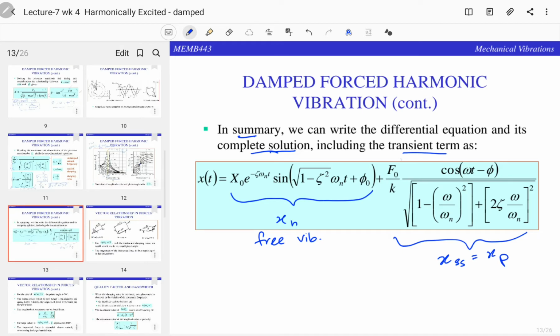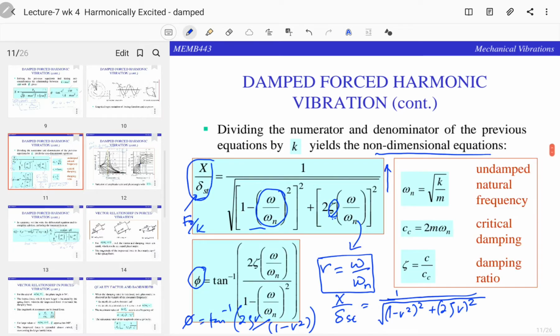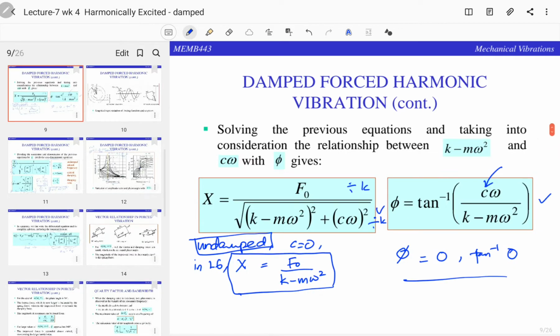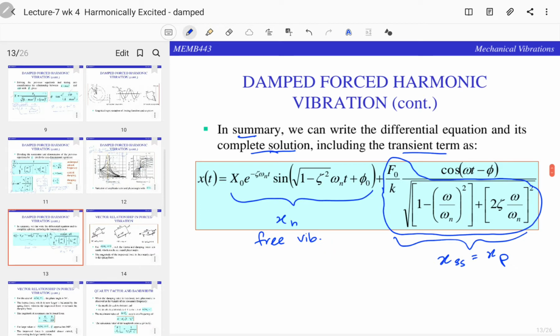How do we get this? This is your capital X, based on the equation that I showed previously, from this equation or this equation. So this part is your capital X. We just substitute: this is capital X cosine omega t minus phi.